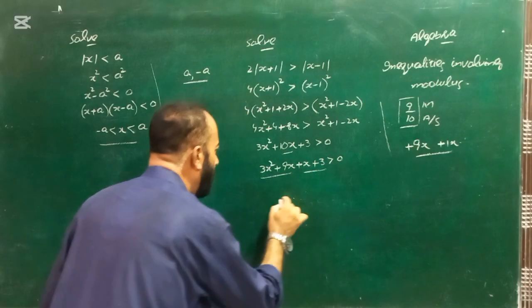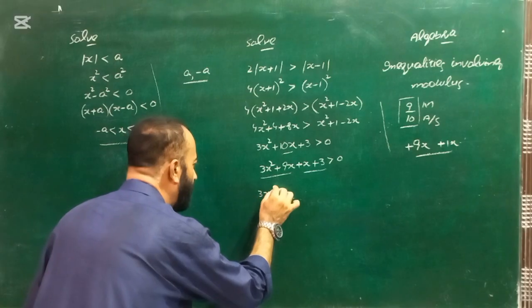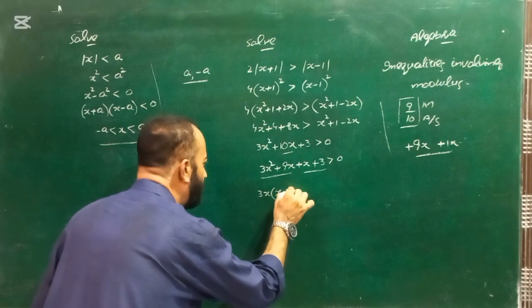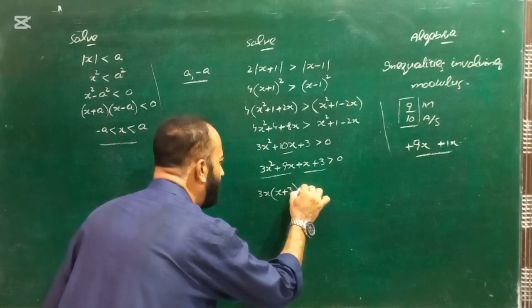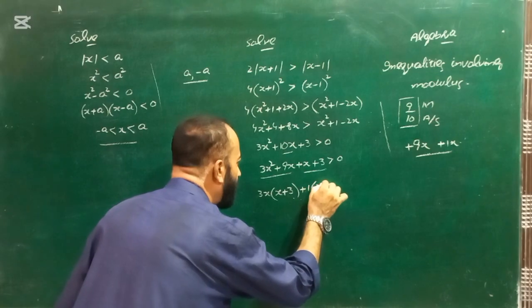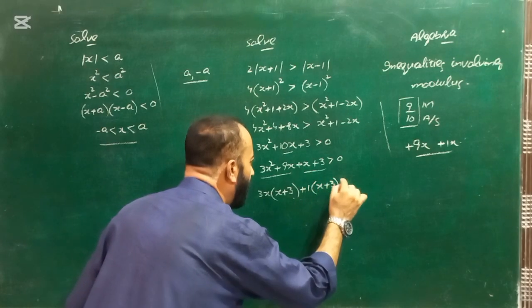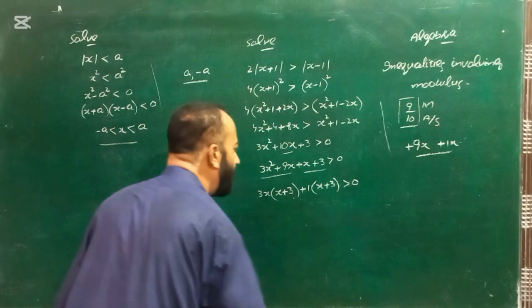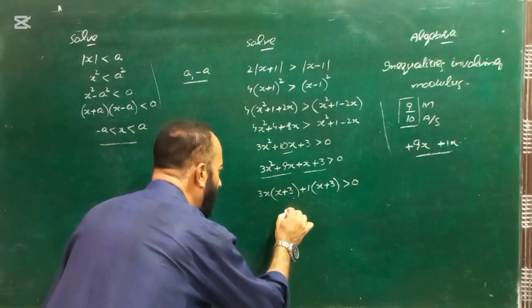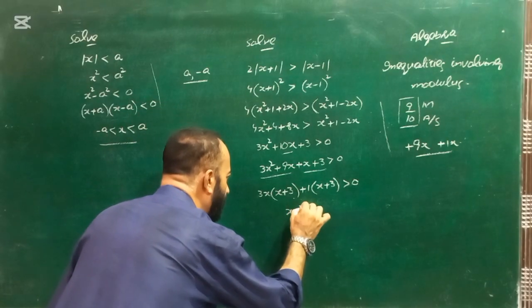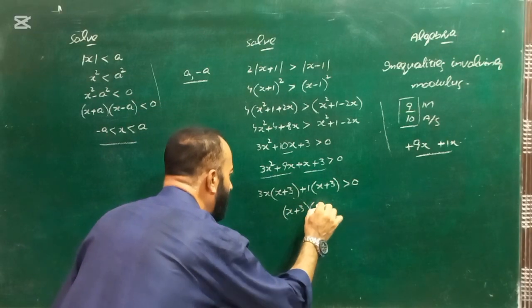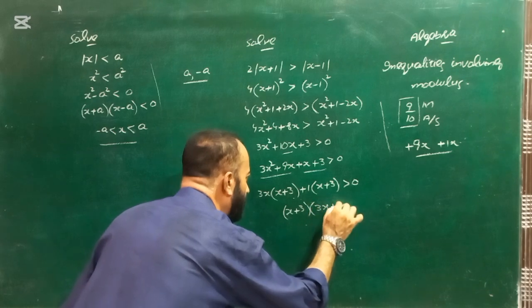Make pairs and take common. So in the first pair 3x is common, so the remainder is x plus 3. In the second bracket plus 1 is common, so x plus 3 is the other bracket. Greater than 0 is still there. The same bracket will be written once, and the values outside the bracket will be written in the second bracket.